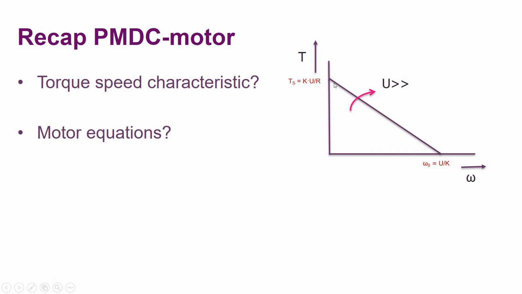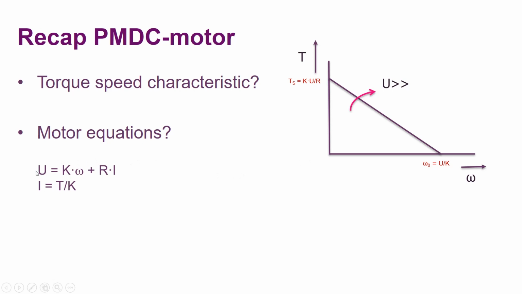And we have seen that when we increase the motor voltage, this characteristic will increase parallel to the original one, and when it decreases, it goes parallel lower than the original one. It's based on two equations.